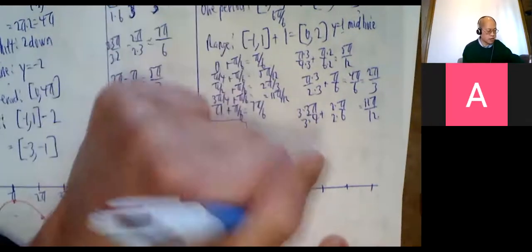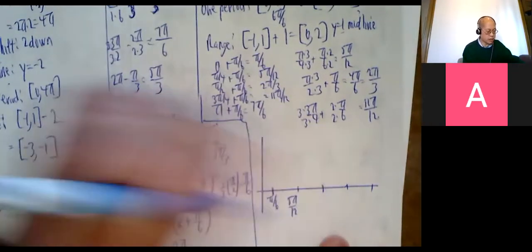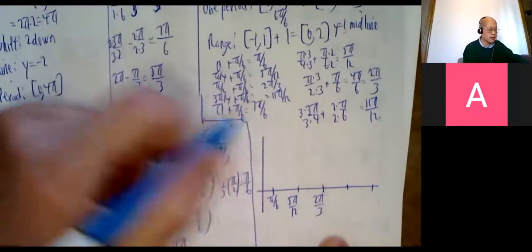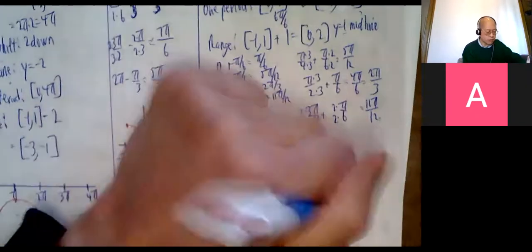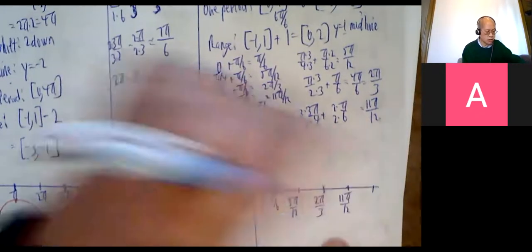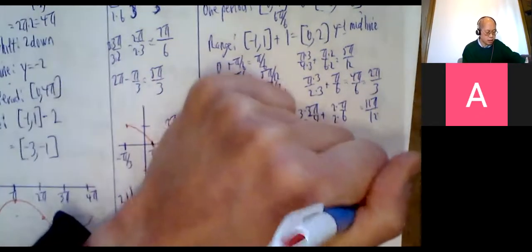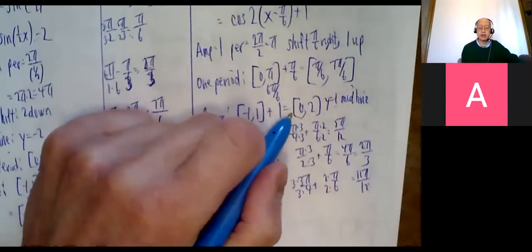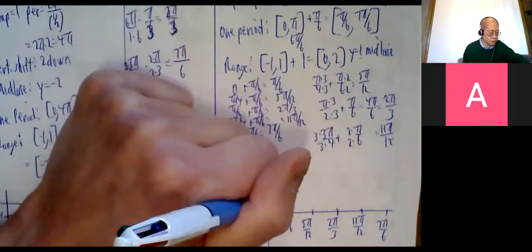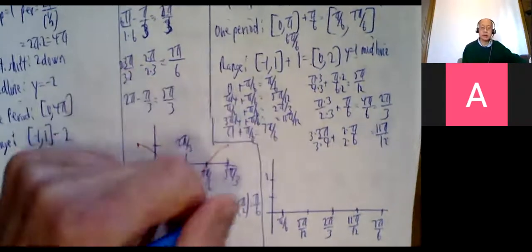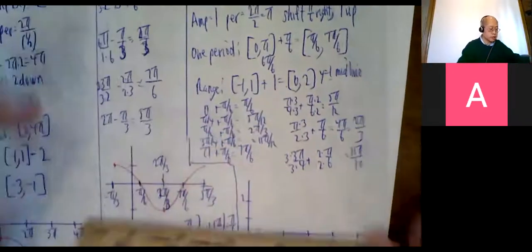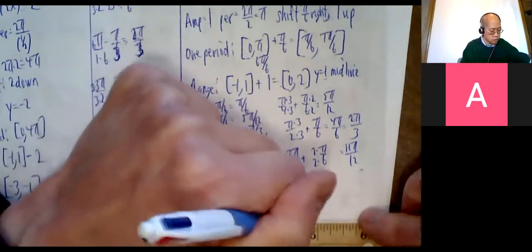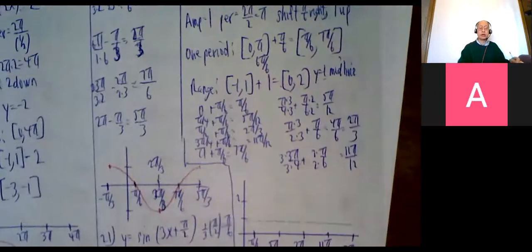And then I put down these funny numbers, 5 pi over 12, 2 pi over 3, 11 pi over 12, 7 pi over 6. My range is from 0 to 2. So 0 is my minimum, 2 is my maximum, y equals 1 is my midline. Midline.